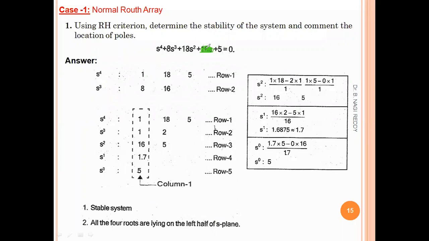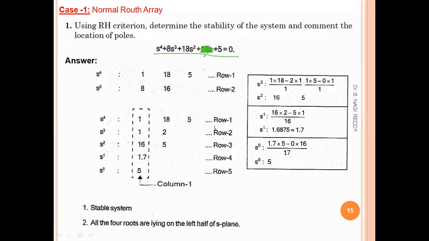So for that reason, if the question asks only to determine the stability, then directly you can first check whether this characteristic equation contains all the s powers or not. You can see s power 4 is there, s cube is there, s square is there, but s power 1 is missing. So this is an unstable system.